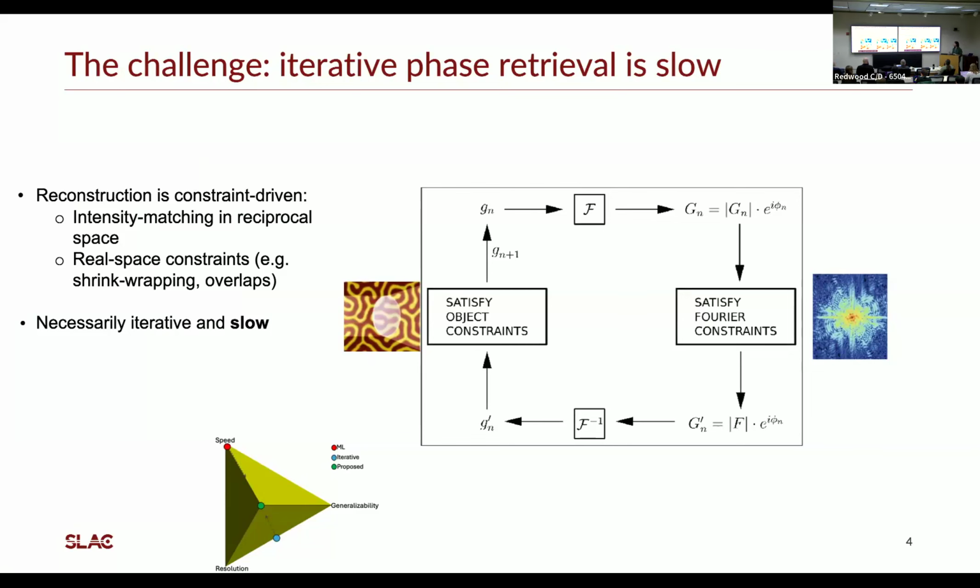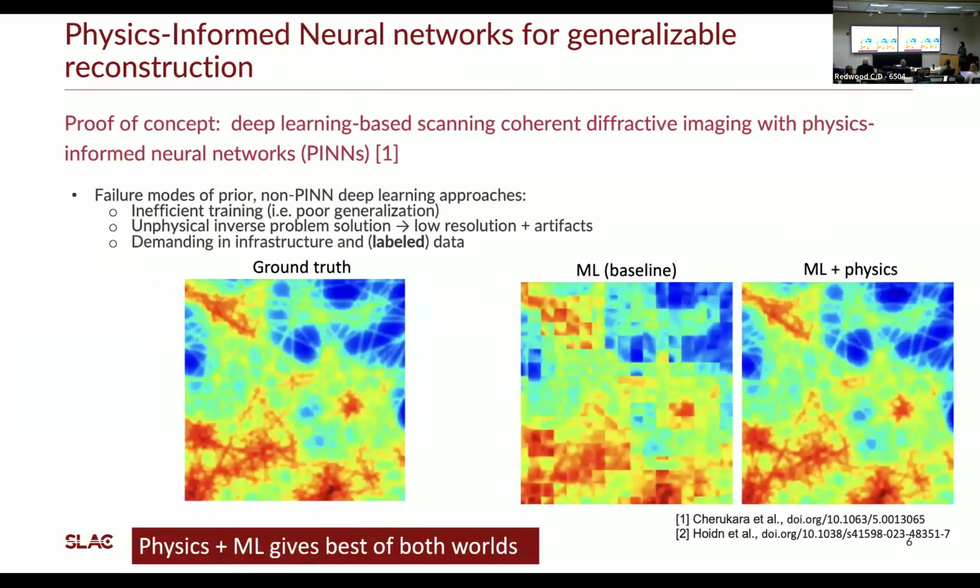So it was realized a while ago now that this could be a good use case for machine learning, because if you can train a neural net to fit the inverse map from diffraction images to the real space image of your sample, this will be intrinsically fast because you're just running a single forward pass through the network at inference time instead of many iterations.